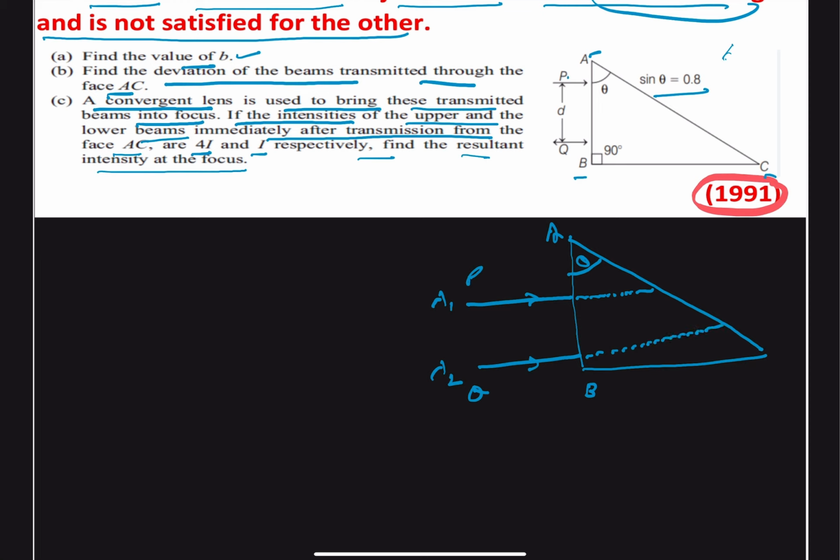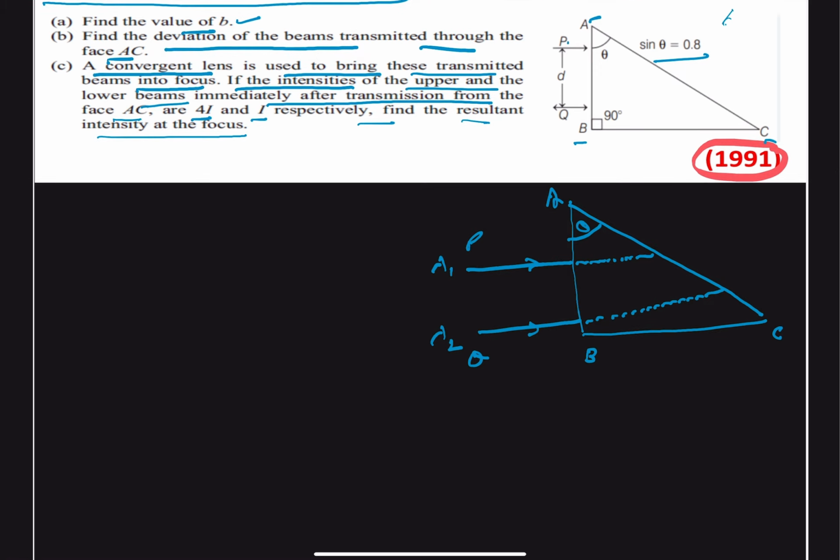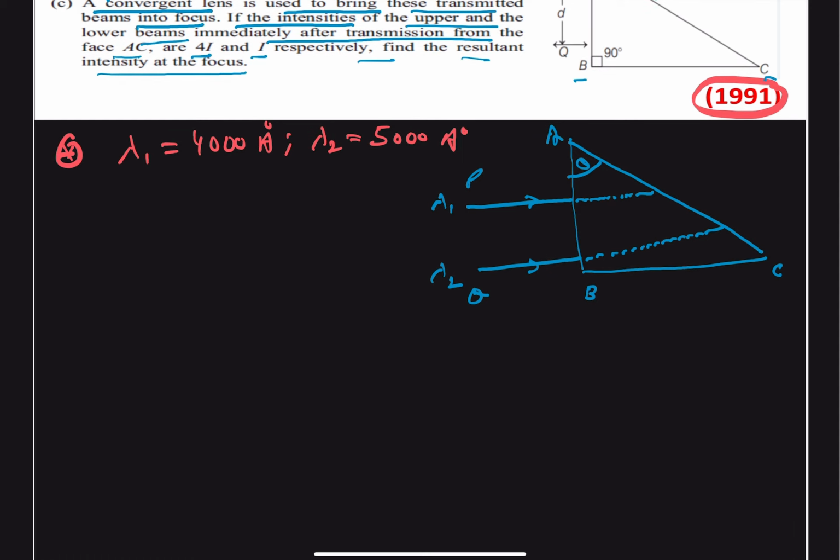And we have to find out which of the two will be internally reflected at this particular face, that is our AC. And so we are given that lambda 1 is our 4000 angstrom and our lambda 2 is our 5000 angstrom.